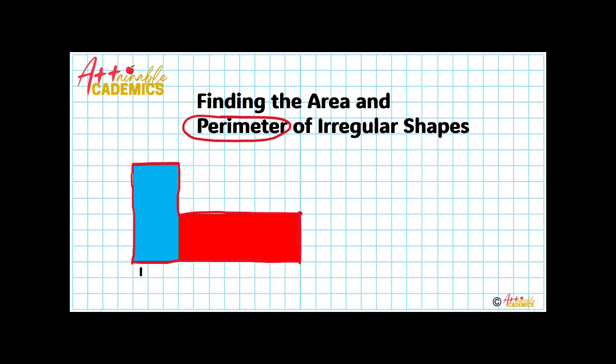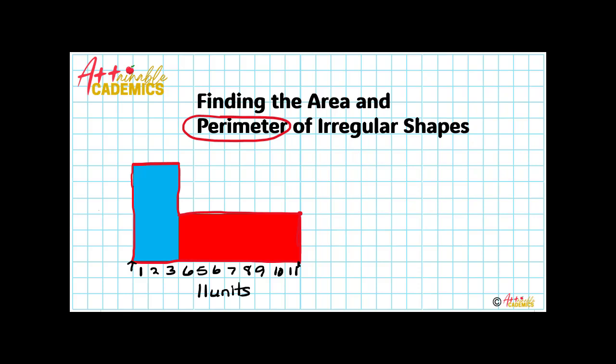We've got 1, 2, 3, 4, 5, 6, 7, 8, 9, 10, 11 squares on this side of your irregular figure. So we've got 11 units on this side, right?